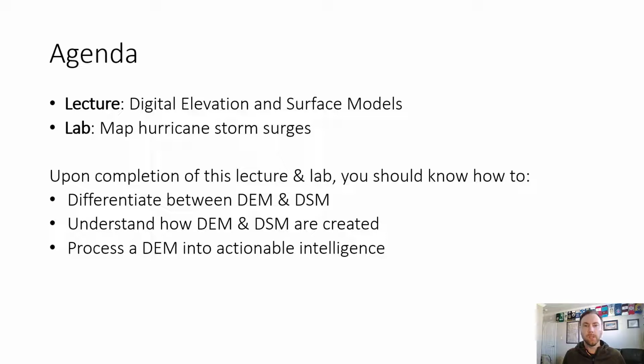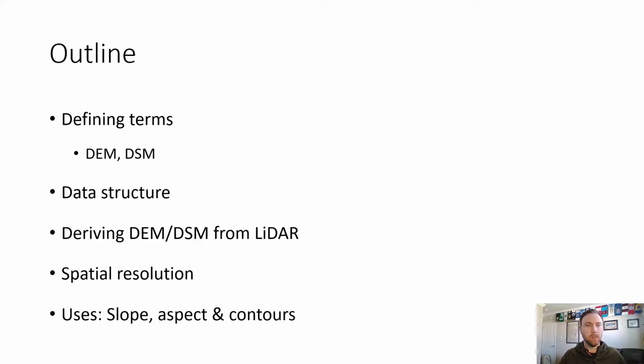Upon completion of this lecture and lab, you should know how to differentiate between DEMs and DSMs, understand how DEM and DSM are created, and process the DEM into actionable intelligence. We'll do that through our lab this week. Quick outline: defining terms. I'll describe the difference between a digital elevation model and a digital surface model.